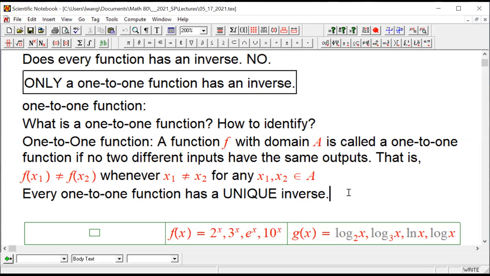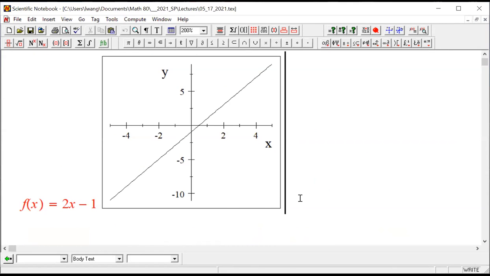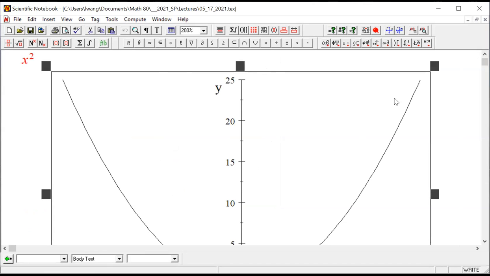And only a one-to-one function has an inverse. Then you say, well, we just talked about how not every function has an inverse, because not every function is one-to-one. Compare it to another function we talked about before, the x squared function. It's a parabola. This function certainly does not pass the horizontal line test.